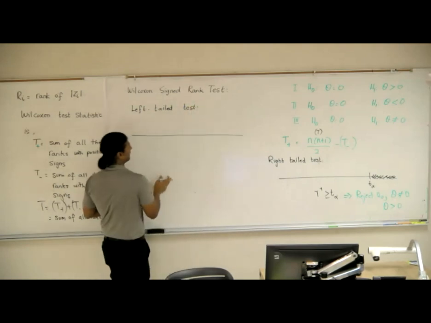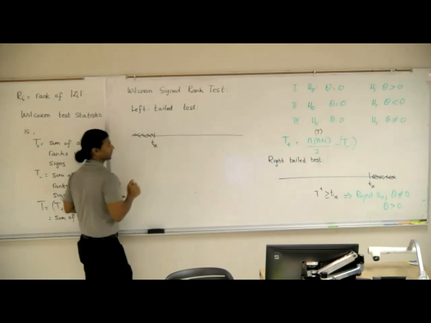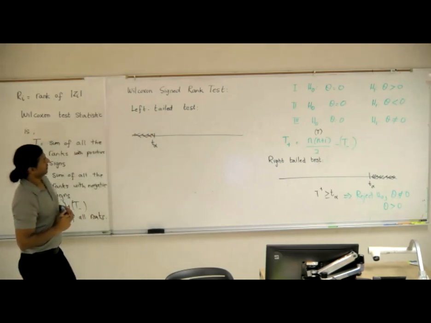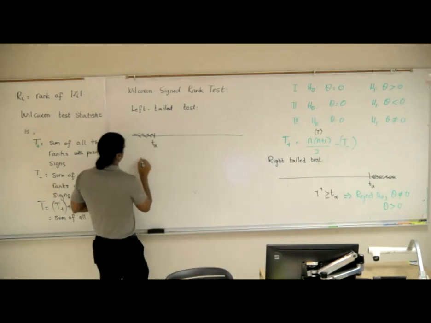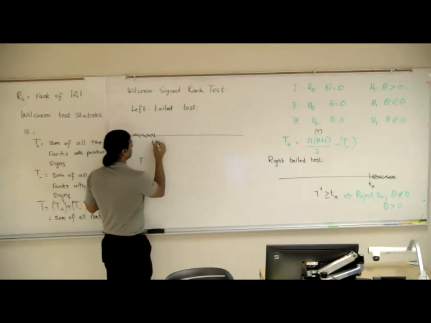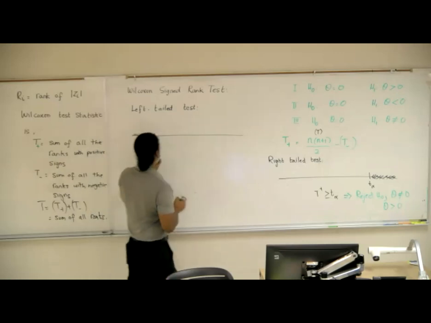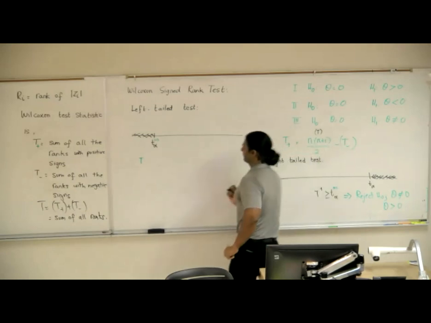For a left tail test, the critical value is going to be on the left-hand side. And if T minus, I'll call it, I think your book still calls it T signals. Let's distinguish it. For the left tail, we'll put minus, right tail, we'll put plus.